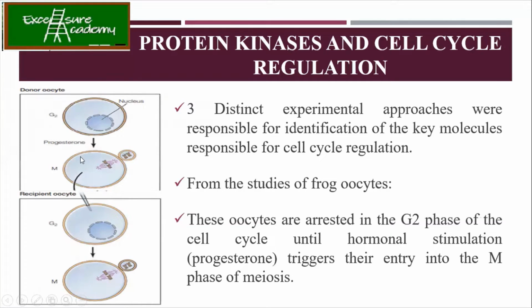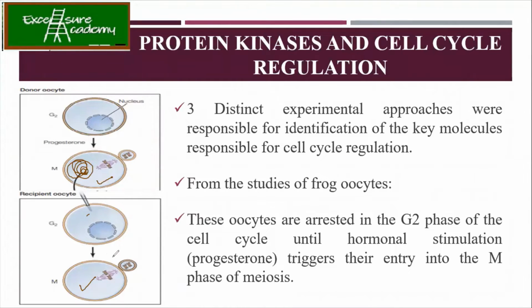Now, I take the cytoplasm of this cell. With micro-injection, they have taken the cytoplasm and injected it into another cell. So what will happen? Even that cell is now stimulated to go into the M phase. Did you get it?